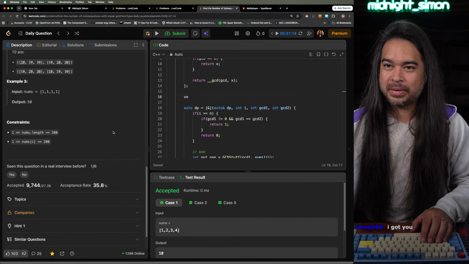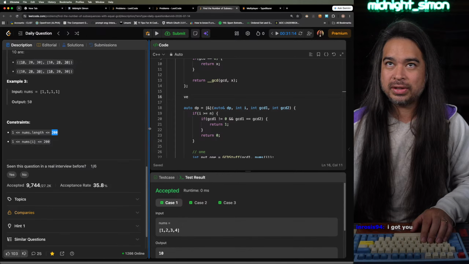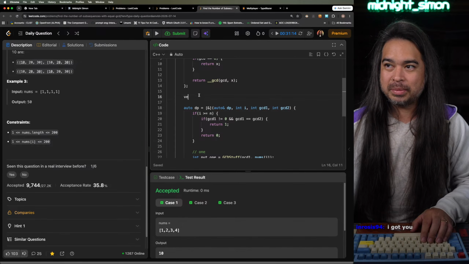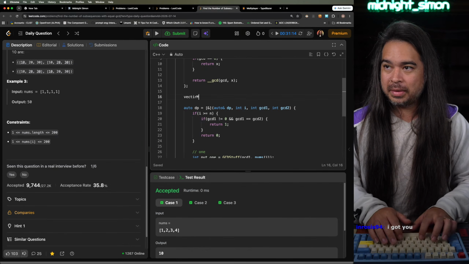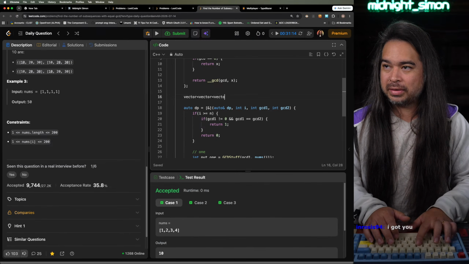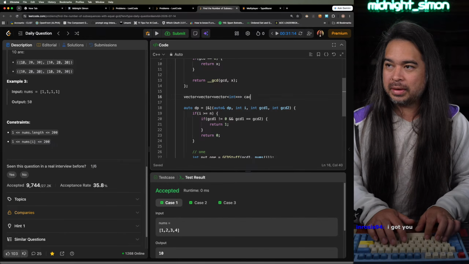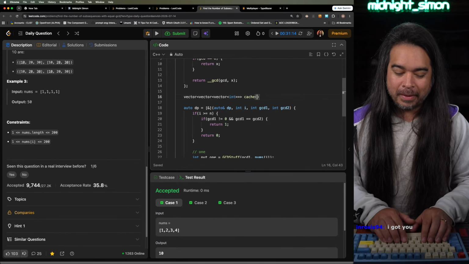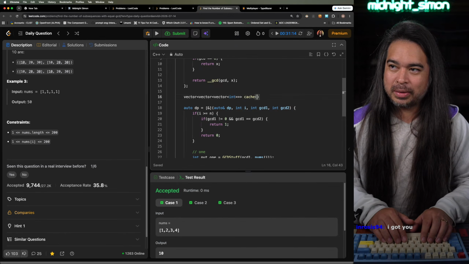Man, how are we gonna do this cache? I guess 200 each. Is that gonna be okay? Vector, vector, vector, cache. Man, I know there's a way to do this without typing it out like how I usually do it, but I can't remember how to do that.